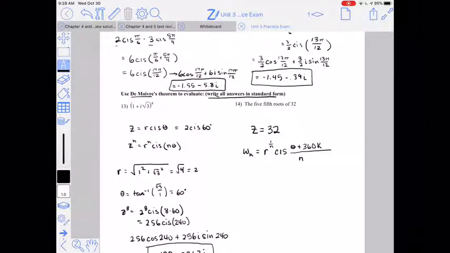And since we're doing fifth roots, we're going to have k equals 0, 1, 2, 3, 4, and n equals 5.